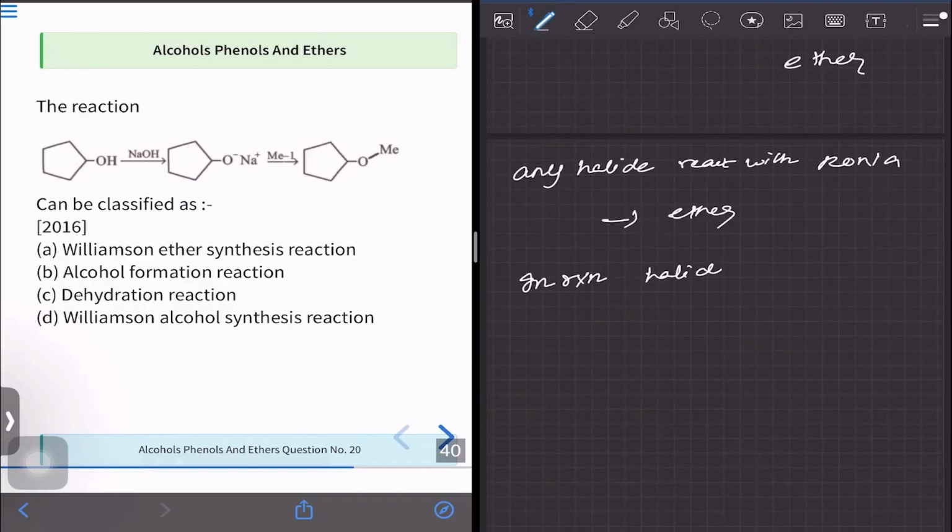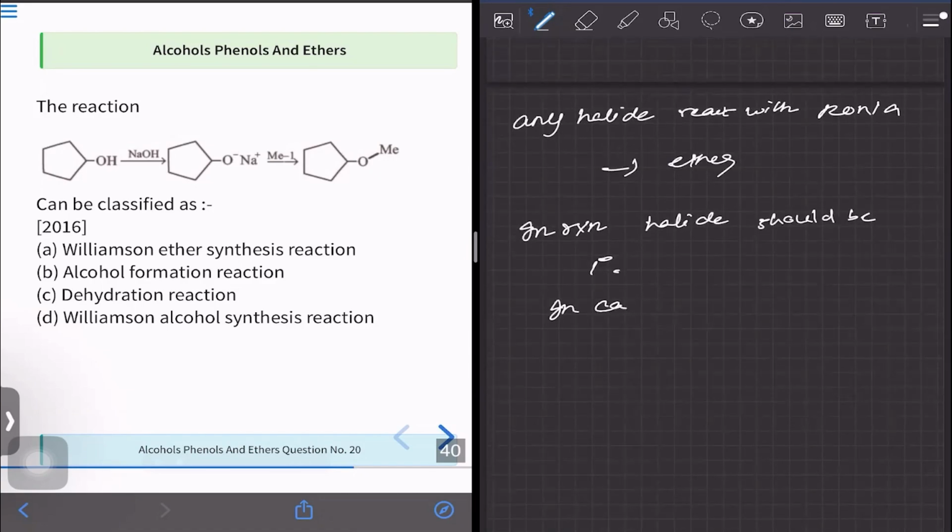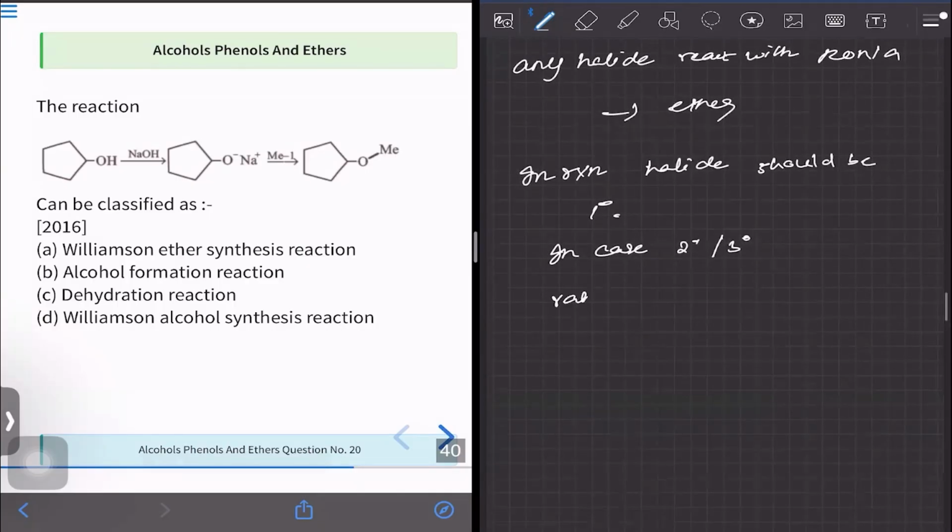In this reaction, the halide should be a primary halide. In the case of secondary or tertiary halides, rather than substitution, it undergoes an elimination reaction.